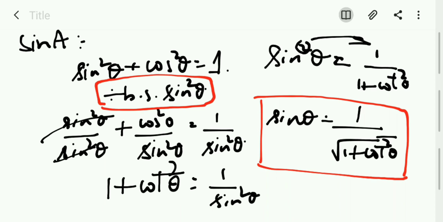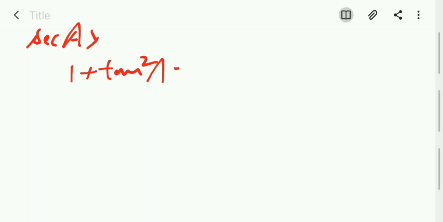Now the second part of the question is secant A in terms of cot A. Now we have an identity, that is 1 plus tan square A is equal to secant square A. We all know this, correct?